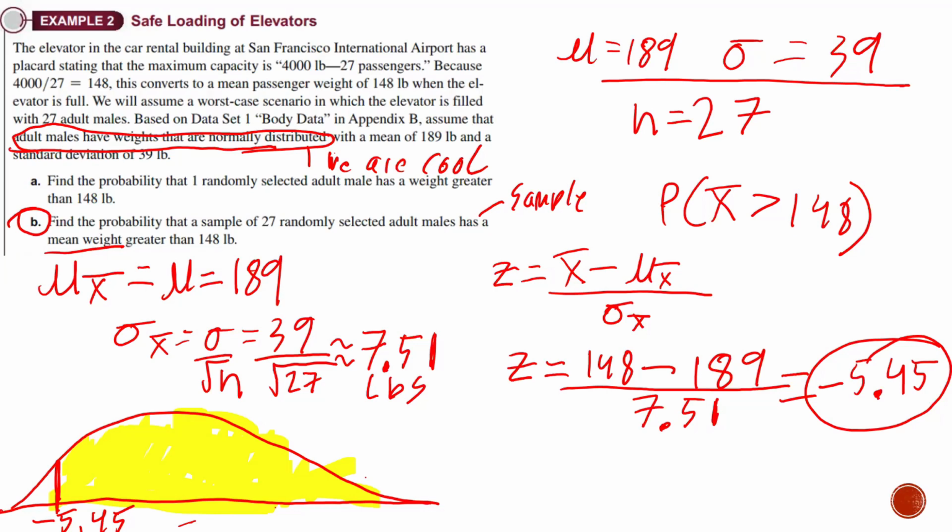On the negative side, yeah. Tiny, right? It's the most negative, and it's finding this white area right here.